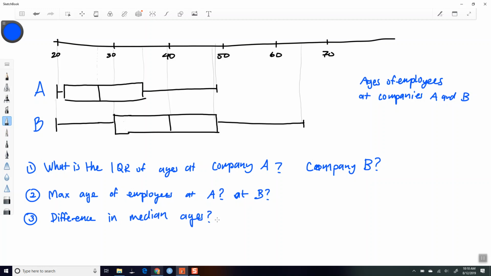Okay, take like 2 minutes. I feel like it shouldn't even take that long. 1 minute to answer these. And some of these you're going to just have to kind of ballpark the answers, just because this is not exactly precision straight lines.